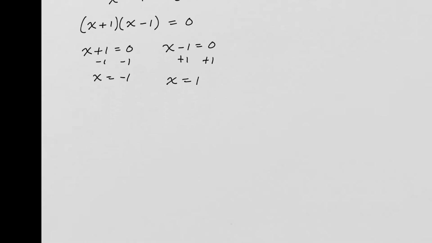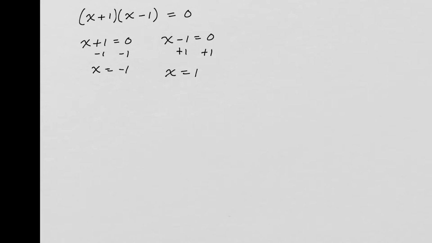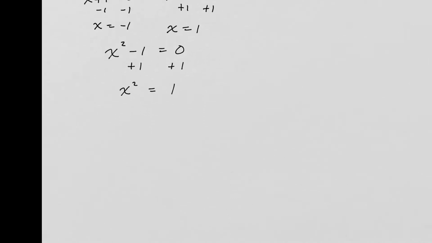Another way you could have done this problem is you could have brought the constant to the other side and isolate the x squared, so I have x squared is equal to 1. And now to get x, we take the square root of both sides.